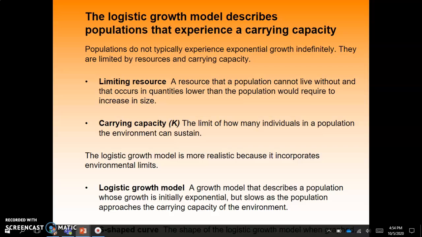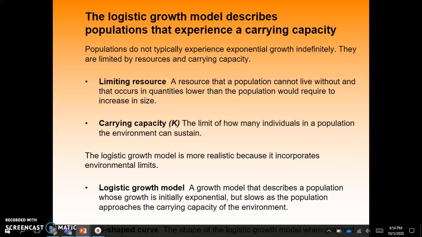Because of these limiting resources, every population has a carrying capacity, and carrying capacity is represented by the letter K. This is the limit of how many individuals in a population the environment can sustain.